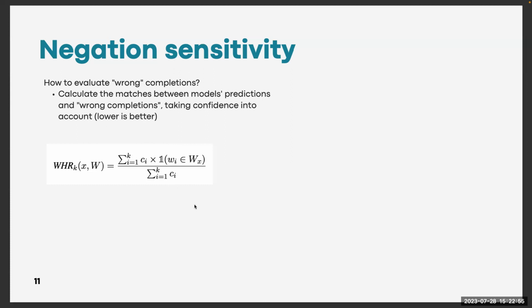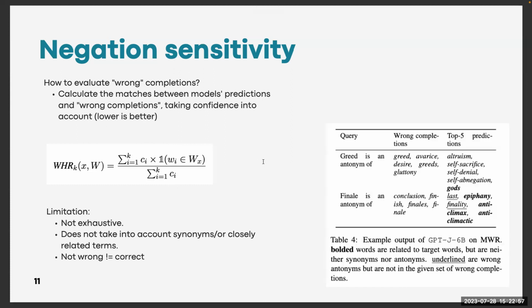For example, we would take the top 5 predictions of the model and see how many times the predictions match a word in the prompt completion list, normalized by the prediction probability.